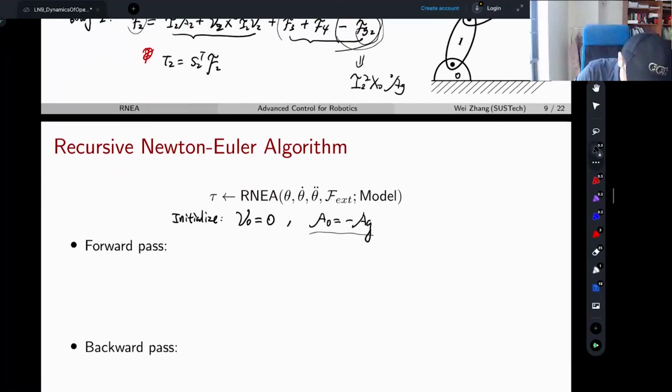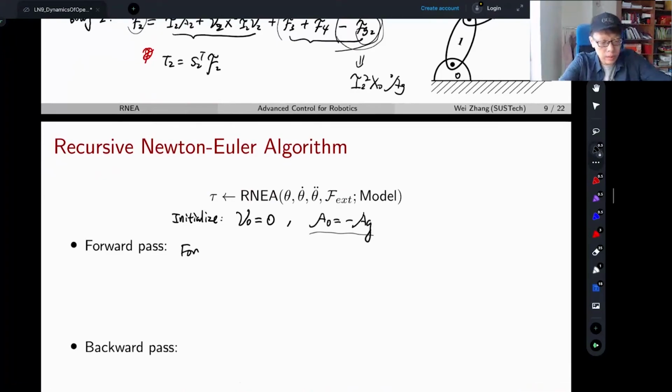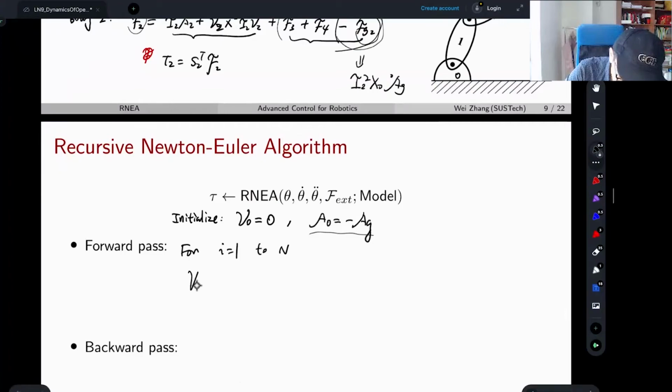Forward pass, let's just think with me, because we already taught you how to derive it. From link 1, or joint 1, to link n. Velocity wise, Vi equals X pi, the parent change of coordinates, times V parent, depending on which is your parent.